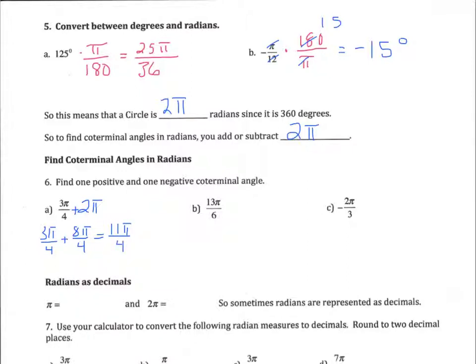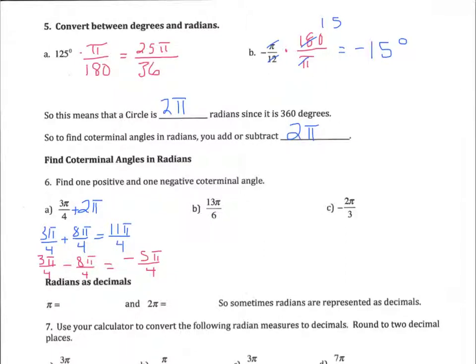And then to get a negative coterminal angle, I can just subtract 2 pi, or 8 pi over 4, same thing, and I'll get negative 5 pi over 4 as my negative coterminal angle. So why don't we pause the video and you can try B and C, finding one positive and one negative coterminal angle in radians.